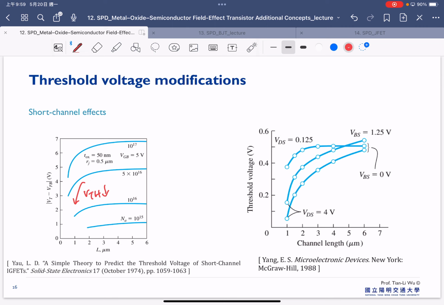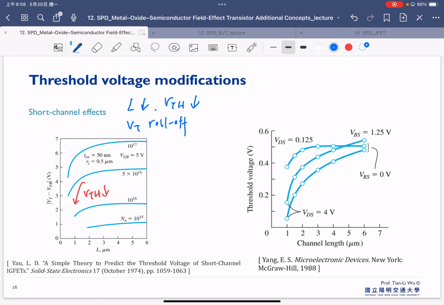And sometimes we consider, as the channel length decreases, we can clearly see the threshold voltage decrease, and in the literature we also call this the threshold voltage roll-off. So sometimes you will also see this kind of term in the literature when we discuss the short channel effect here.